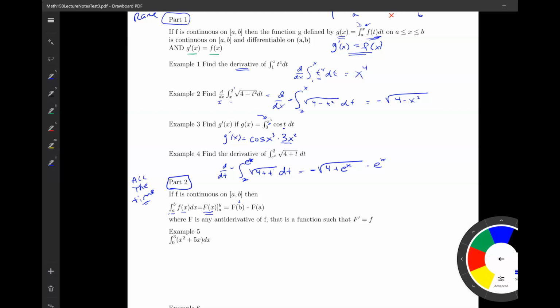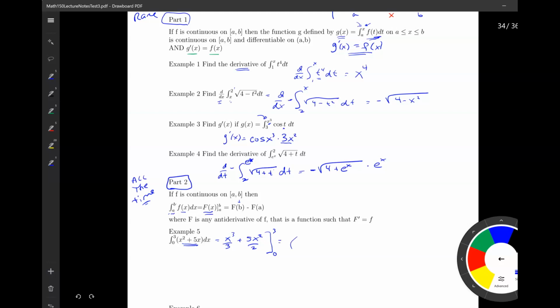Okay, let's do it. So the integral of this function, so first I'm going to find the antiderivative of this, which is x cubed over 3 plus 5x squared over 2. And then I'm going to put this bar here, and I'm going to put the 0 and the 3.